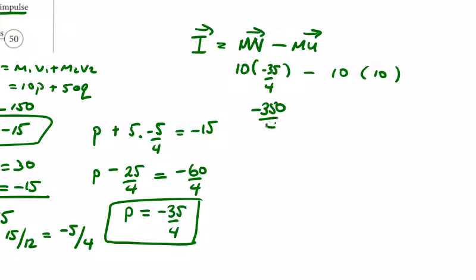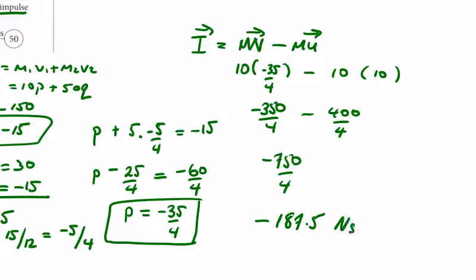Minus 350 over 4 minus 100 over 4, which is 400 over 4, which is minus 750 over 4. That's the magnitude of the impulse, measured in Newton seconds. This is the impulse here, and it is in the i direction.